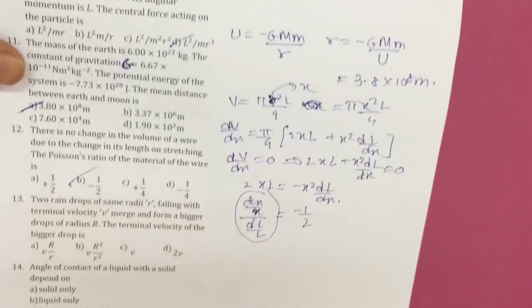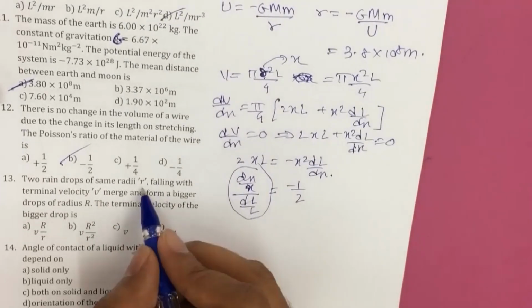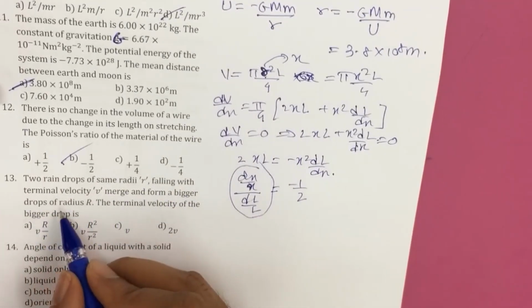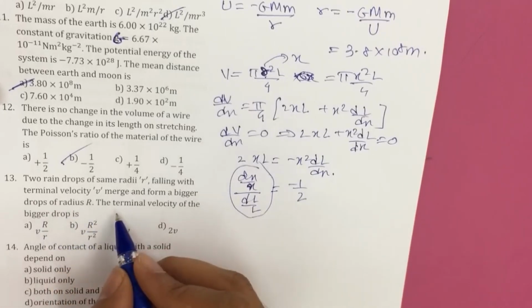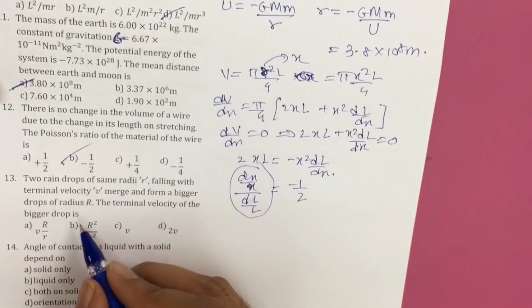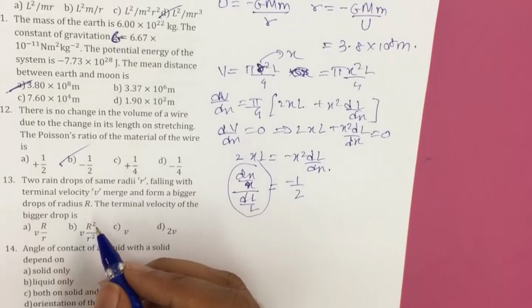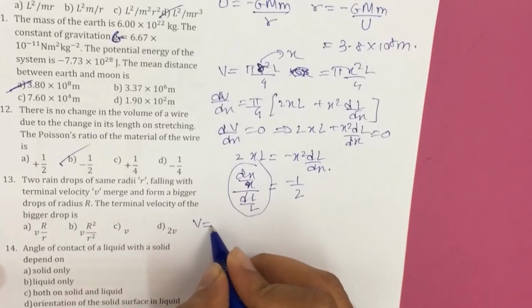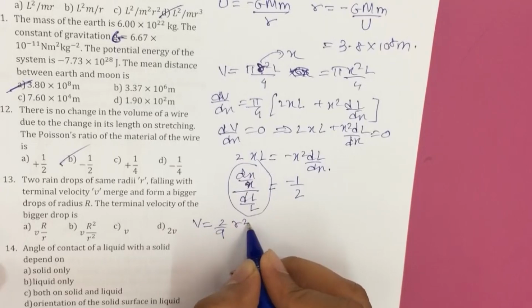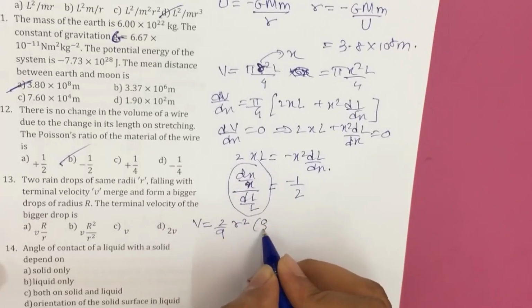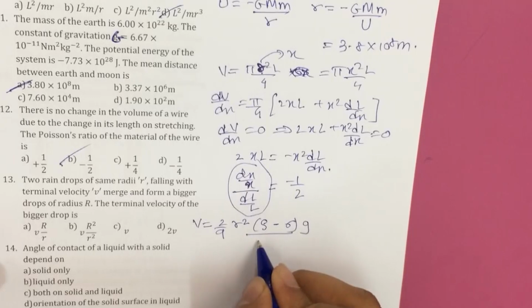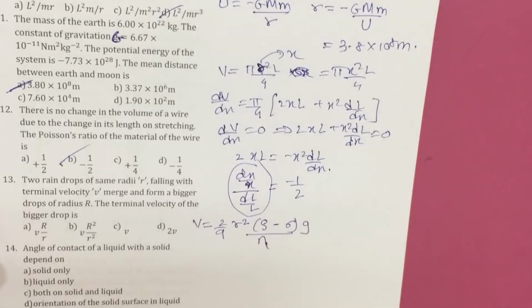Question 13. Two raindrops of same radii r falling with the terminal velocity v merge and form a bigger drop of radius capital R. The terminal velocity of the big drop is. Now terminal velocity is given by 2 by 9 r square (rho minus sigma) g divided by eta.